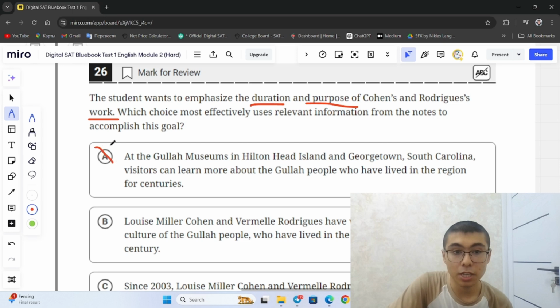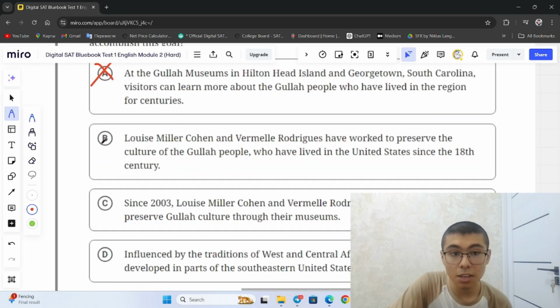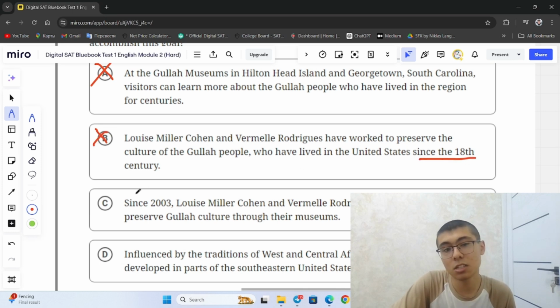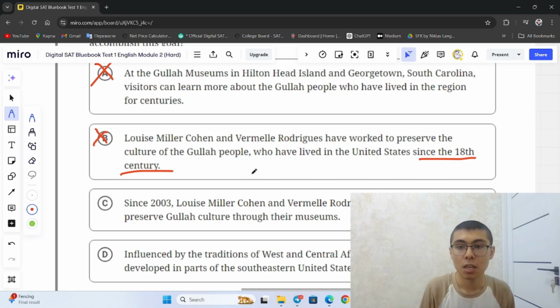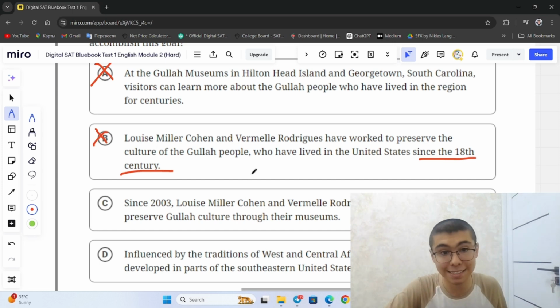There's nothing about the duration in A. There's nothing about the duration of a study. Like you might think that there's a duration since the 18th century, but it's not the study's duration. The study was not since the 18th century. It was people who have lived in the United States. It's not the study that has been conducted since that time. Since 2003, yes, here we have a duration, right?